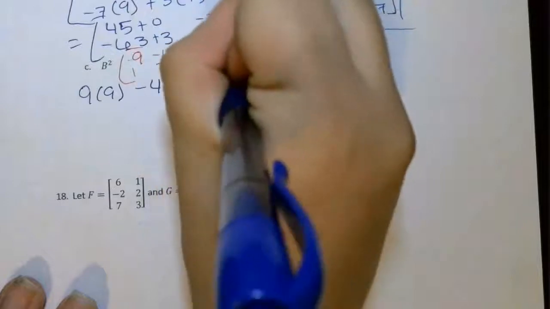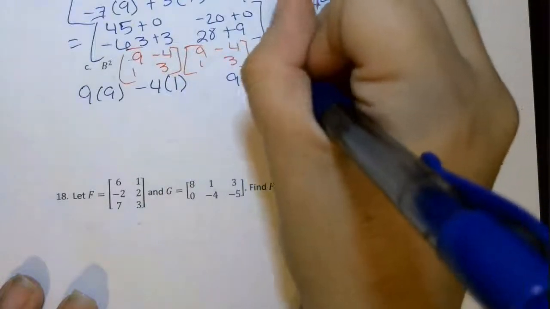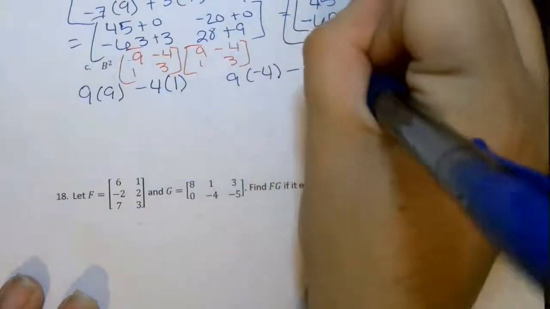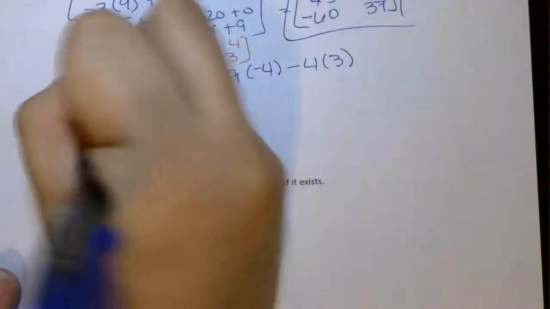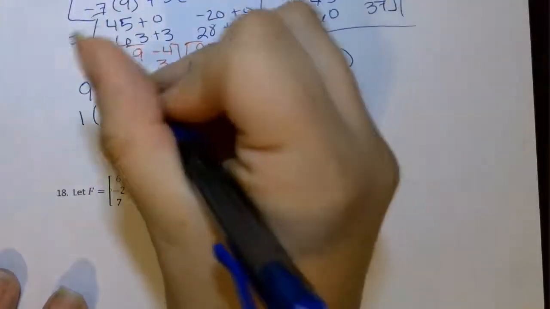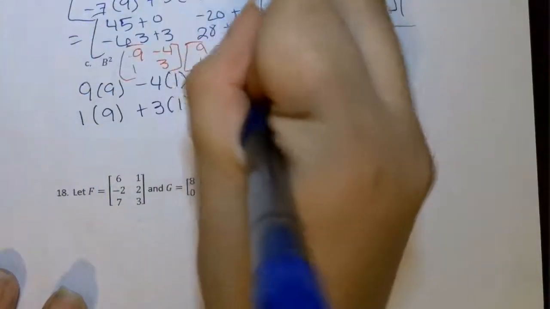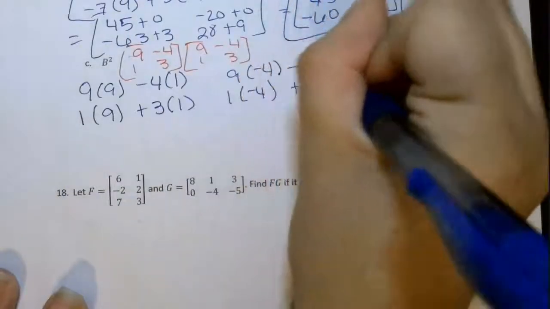Then I have 9 times negative 4 minus 4 times 3. On the bottom, I have 1 times 9 plus 3 times 1. And I have 1 times negative 4 plus 3 times 3.